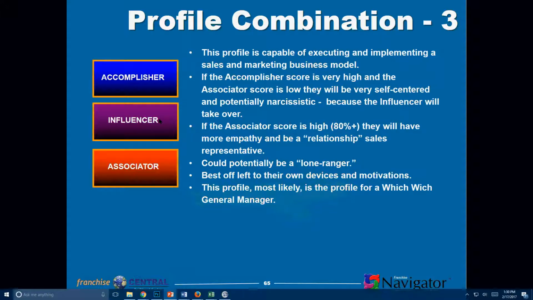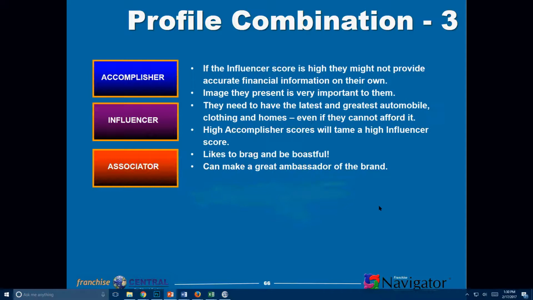Because if that influencer score is there, they'll get outside the four walls, and they'll network with the community. They'll network with other businesses. They'll network with the consumers and the citizens and the chambers. And that generally is what makes the difference.